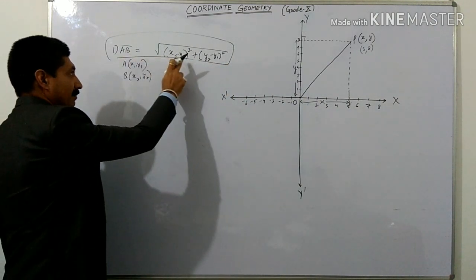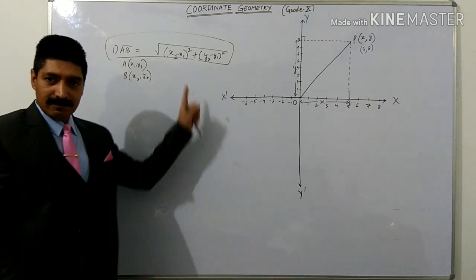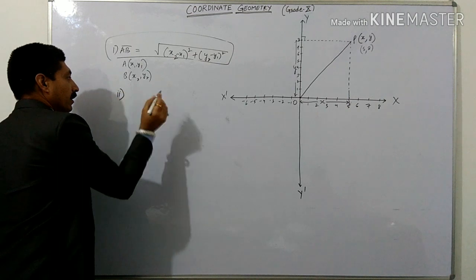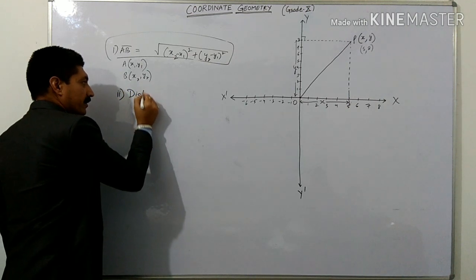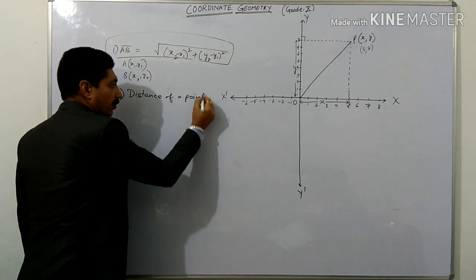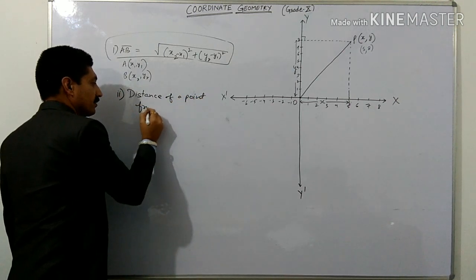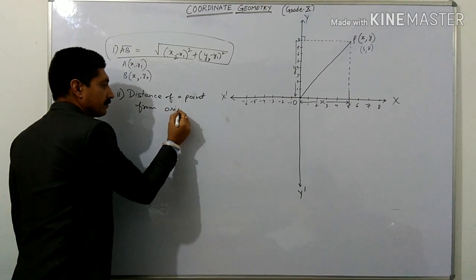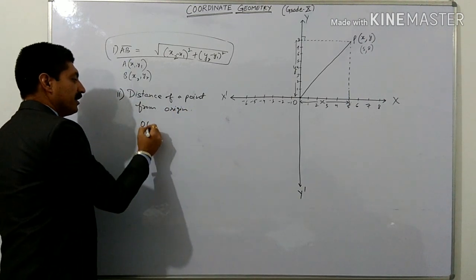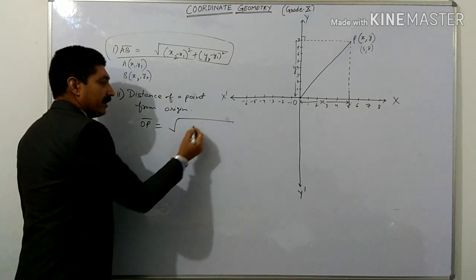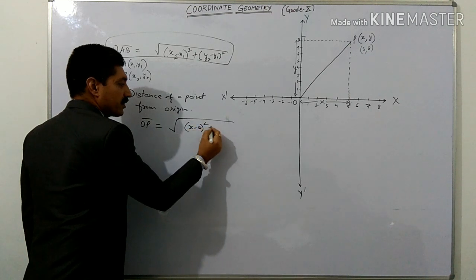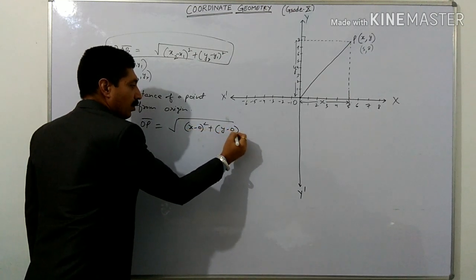So here I will explain how we are framing this distance formula, and second part is your distance of a point from the origin. Distance of a point from origin, OP distance, is always equal to, if 0 minus x or x minus 0 whole square plus y minus 0 whole square.